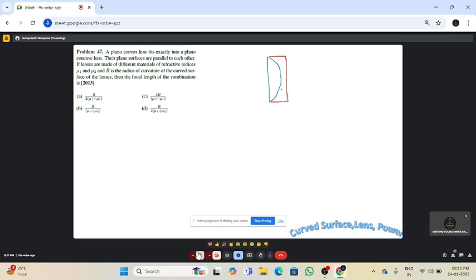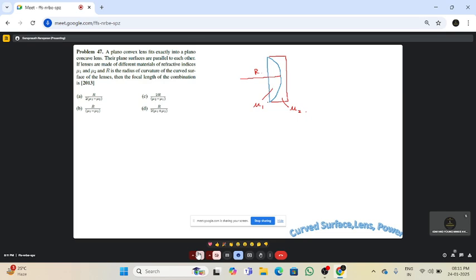If the lenses are made of different materials of refractive indexes mu1 and mu2, and r is the radius of curvature of the curved surface of the lens, then find the focal length of the combination.